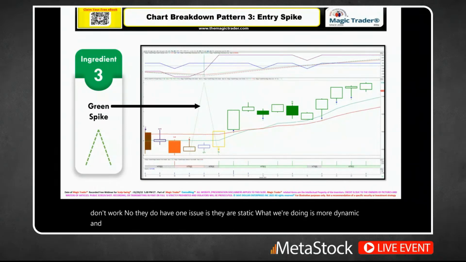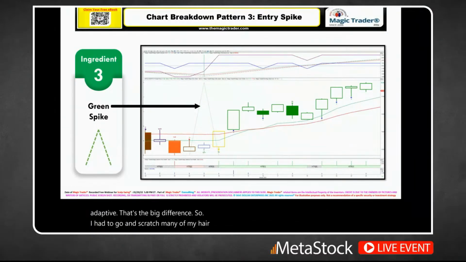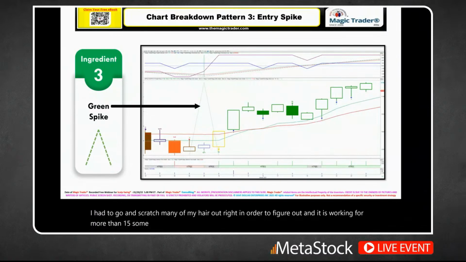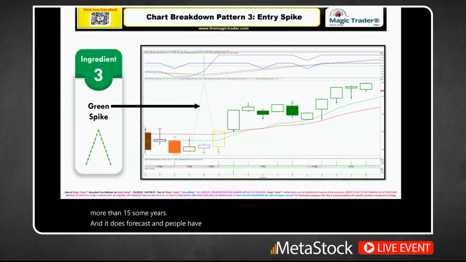That's the big difference. So I had to scratch a lot of my hair out in order to figure it out. And it has been working for more than 15 years. And it does forecast, and many traders around the world are eyewitnesses that it does go there.